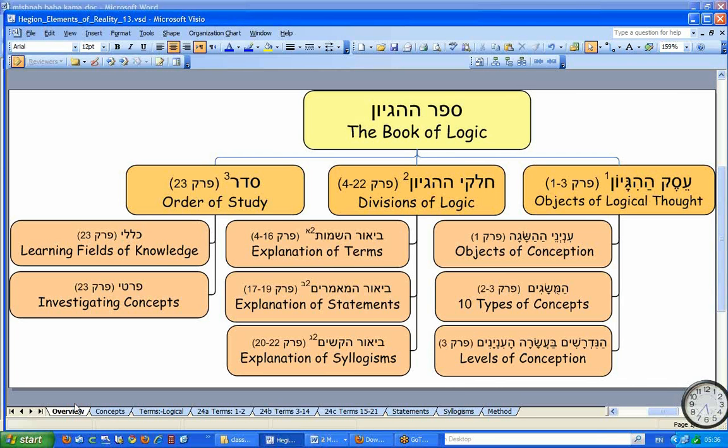That's the first part. We're in the second part of the book where he breaks Higayon into explaining the terms of Higayon and then statements and syllogisms. In the end, in the third part, he'll tell us how to use what he's explained in the Sefer.